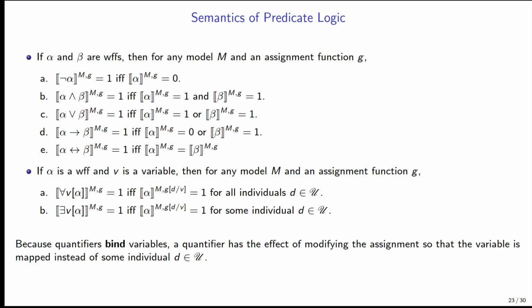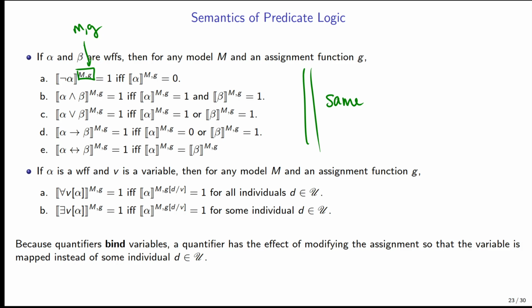When we go to the well-formed formula stage, so we have full predicates and we have connectives. We have our connectives like we did before, so this is the exact same as propositional logic. The only difference is that instead of v, we now have M and g. M is a model, and g is an assignment function. The model is basically a universe that consists of things.